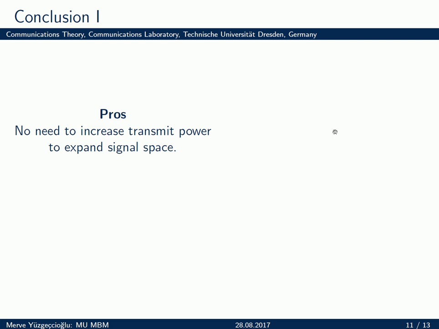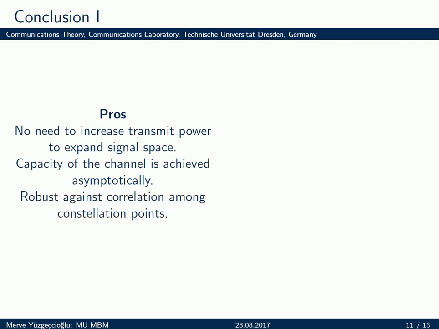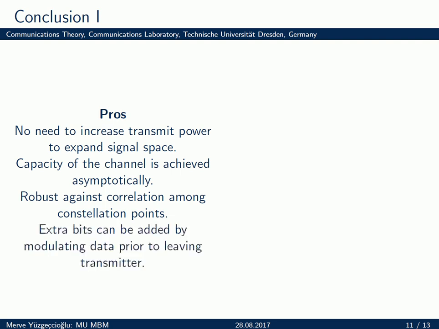That means that at each channel use we will transmit more information. And as shown with the numerical results, the capacity of the channel is asymptotically achieved, and also the system is robust against correlation among constellation points.